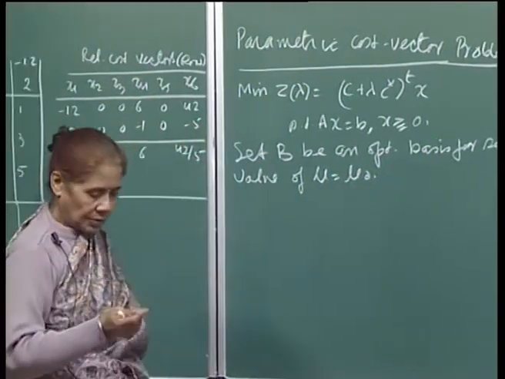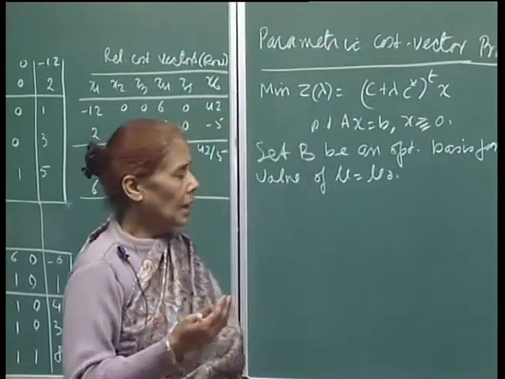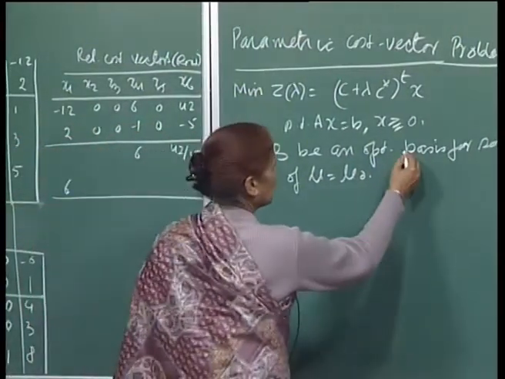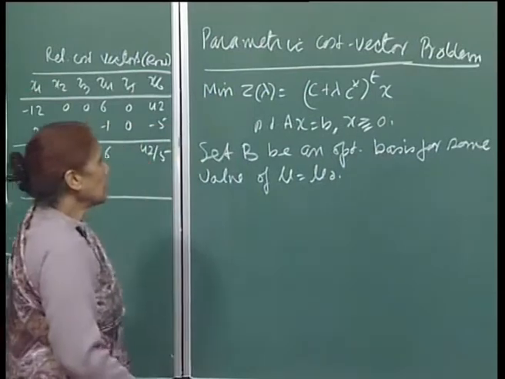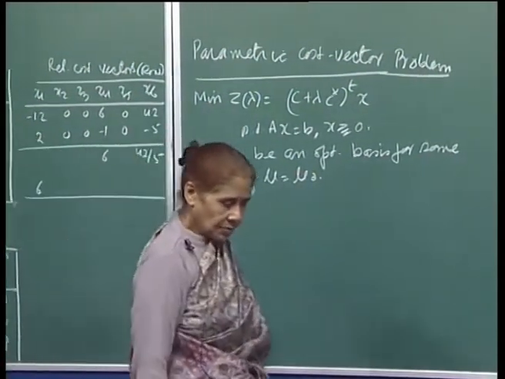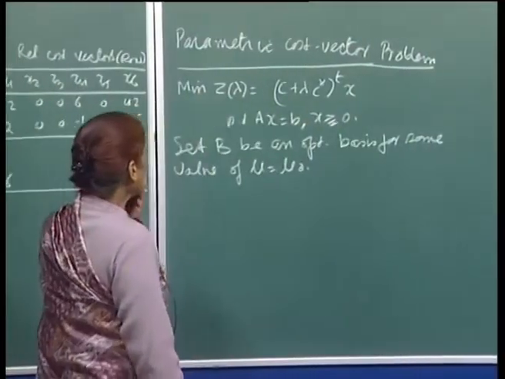For some fixed value of mu naught, and most often mu naught is chosen to be 0, you obtain an optimal basis by so many different methods that you have learned so far. So, B is an optimal basis for this value, so it is feasible and optimal for mu equal to mu naught.